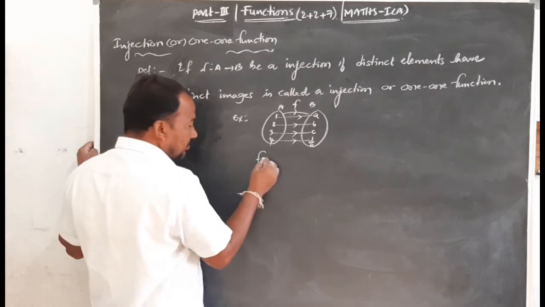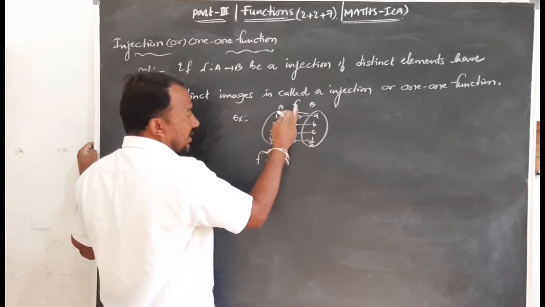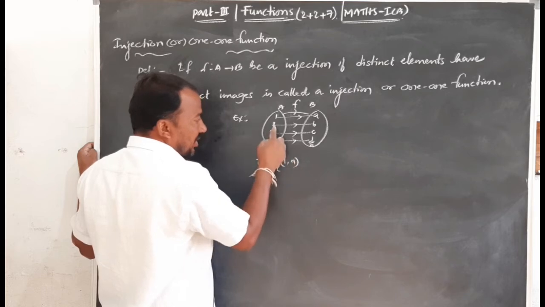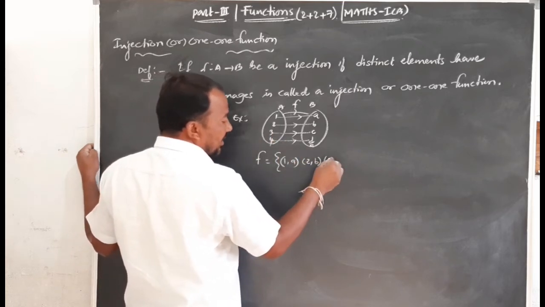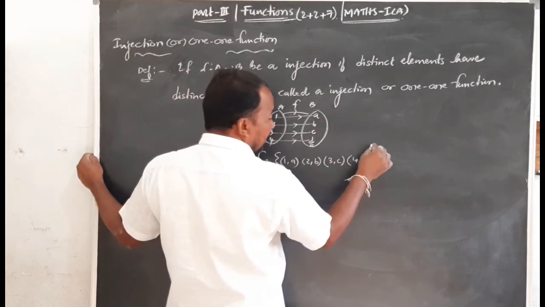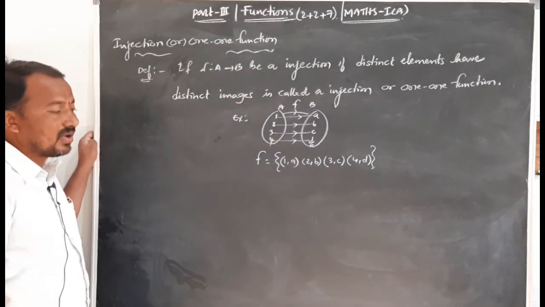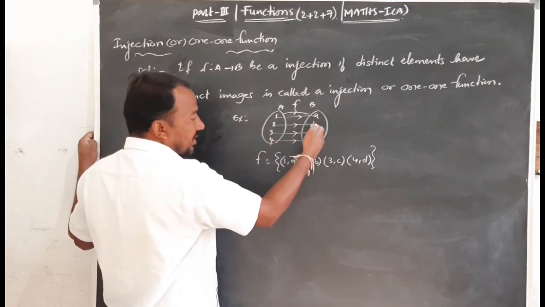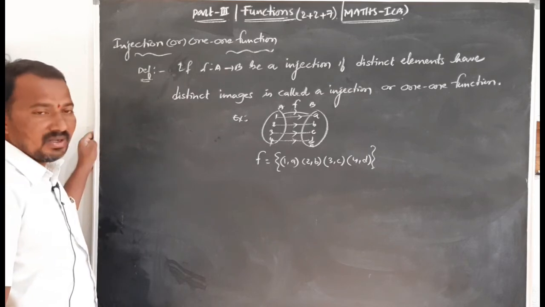So f equals the set of (1, a), (2, b), (3, c), (4, d). So it is called a one-one function. Different elements have different images, so it is called a one-one function.